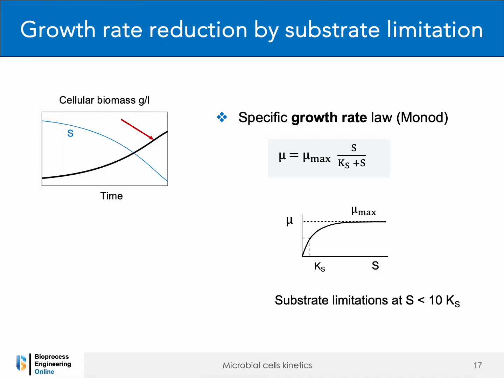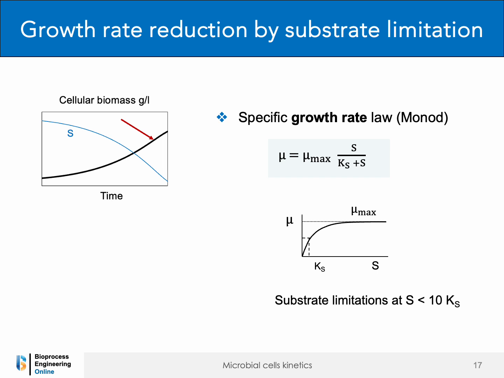The subsequent growth decelerating phase is typically driven by limitations in the concentration of consumed nutrients, particularly the sugar substrate. The classical law that describes the relationship between substrate concentration and specific growth rate is the Monod equation.